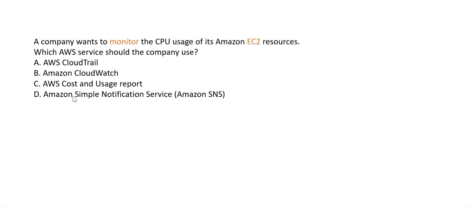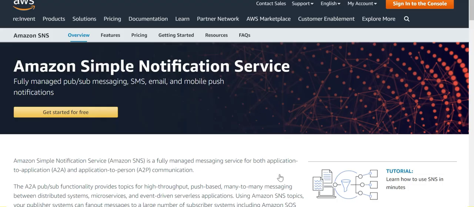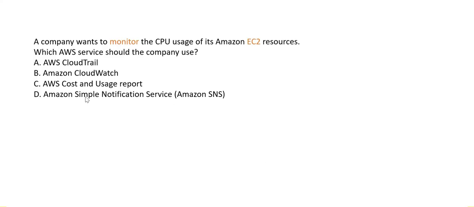Let's go from bottom to top. Amazon SNS. This is a notification service. It is a fully managed messaging service for SMS, email, and mobile push notifications. A very different purpose, not linked to monitoring. Hence, D is wrong.